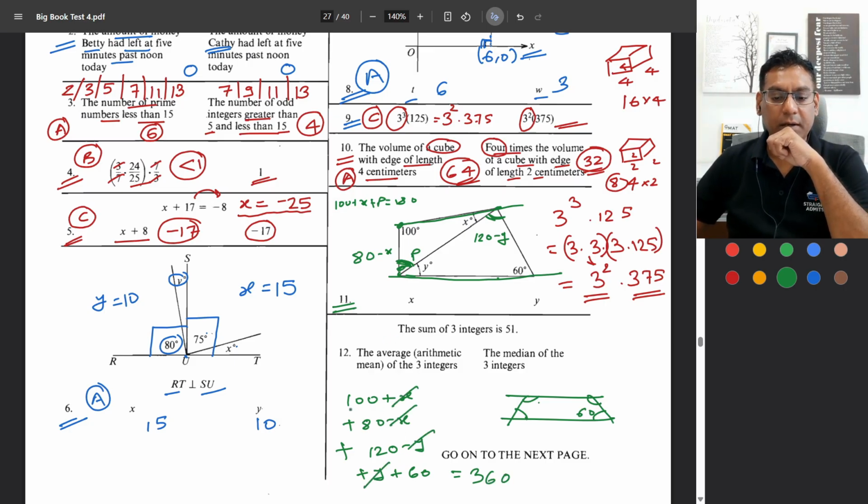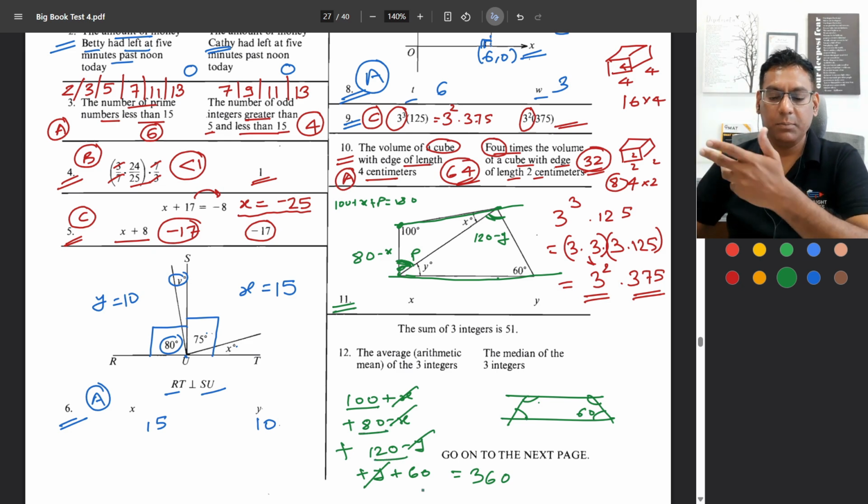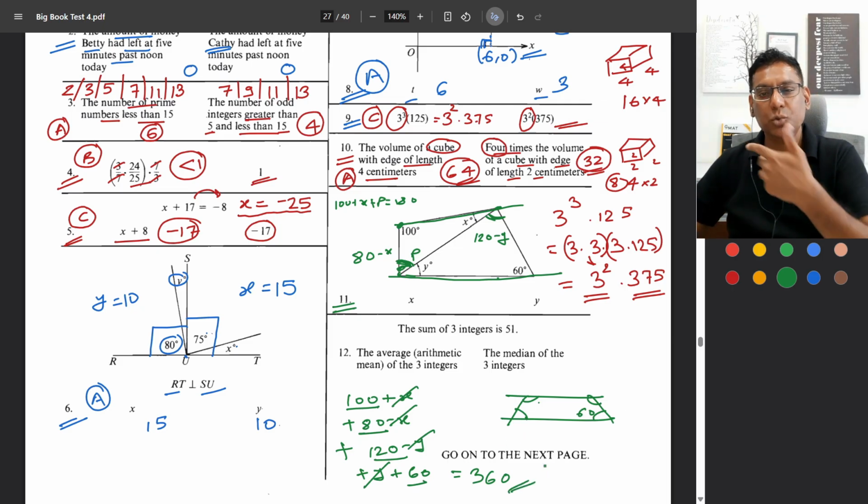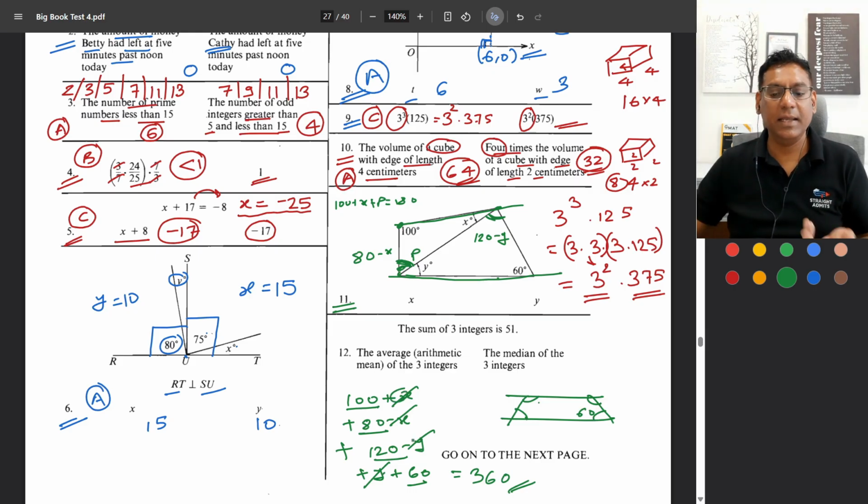And what do I get? 100 plus 80, that's 180, plus 120 plus 60, that's also 180. 180 plus 180 is 360. So I get the same equation, but it doesn't really help because x and y are getting cancelled. Basically what that means mathematically is that they could have any value. For every value this will work. So I can't really compare x and y.